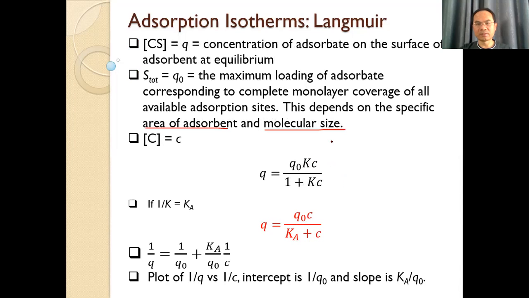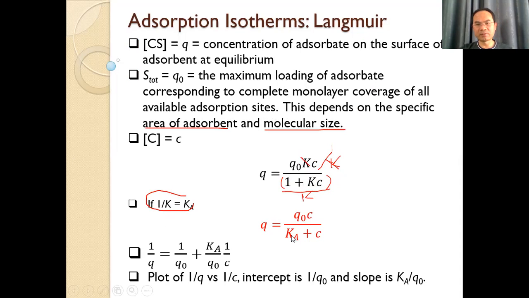If we divide the top and bottom by K, the K cancels in the numerator, and the 1 becomes 1 over K. We substitute 1 over K as Ka.